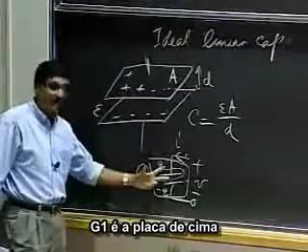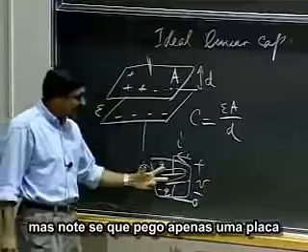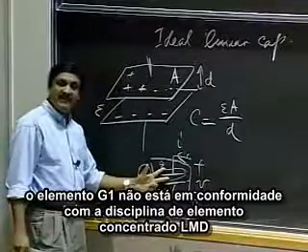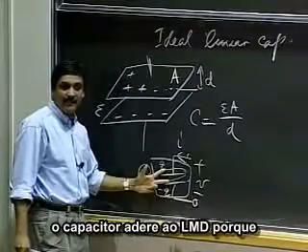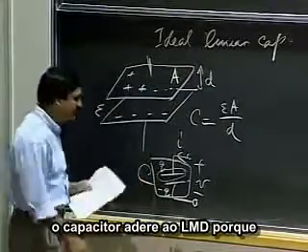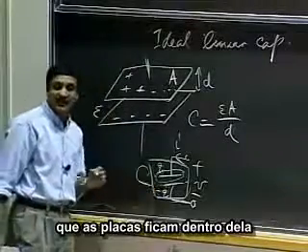G1 is like the top plate, G2 is the bottom plate. I put them together, I get a capacitor. But notice, if I just pick one plate, then the element G1 will not adhere to the LMD. The capacitor adheres to the LMD because I choose my element boundaries in a way that both plates come within it.